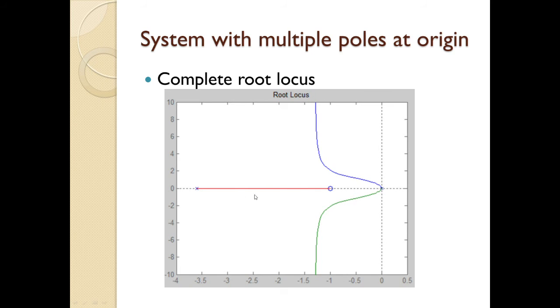These three branches have originated from the pole locations, that is 0, multiple poles, and minus 3.6. One of them has terminated at the zero, and the remaining two go to infinity following the asymptotic angles 90 degree and 270 degree. So this is the complete root locus.